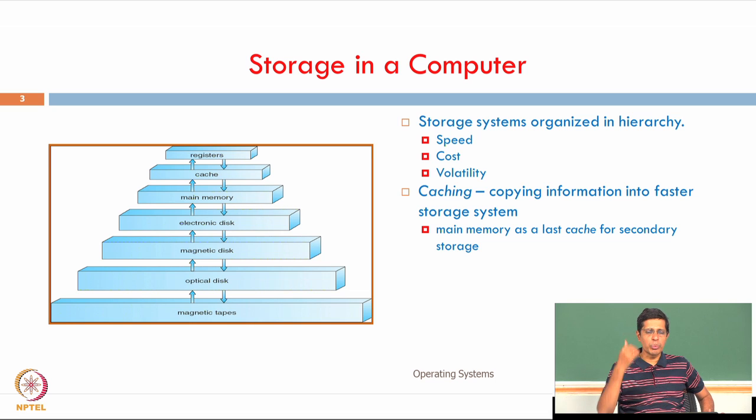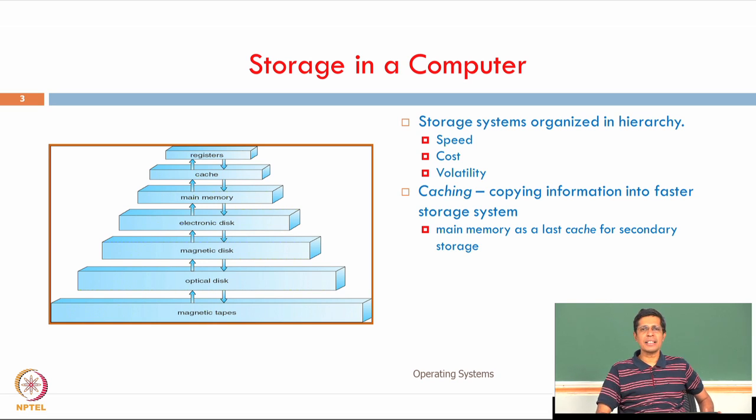So we are going from volatility towards non-volatility as we go from top to bottom, and again the speed of access, where access basically means read or write from a particular storage entity, the time for access increases at a very fast pace as we go from registers to magnetic tapes.